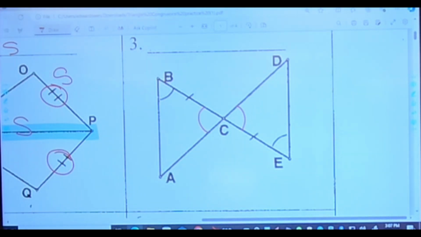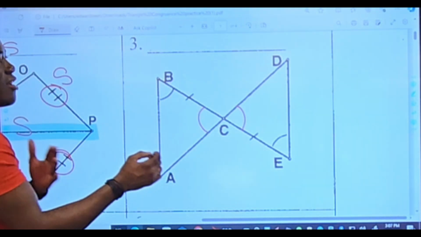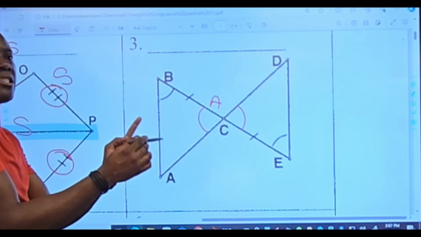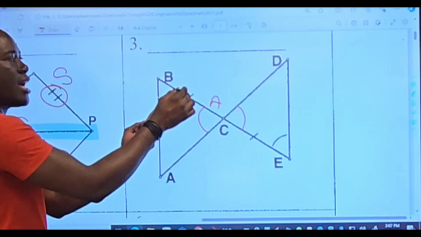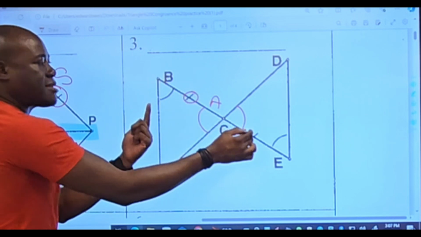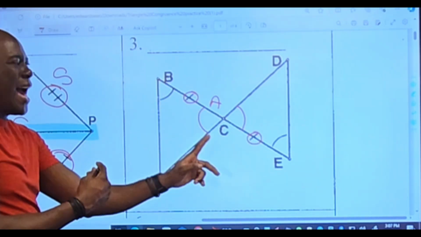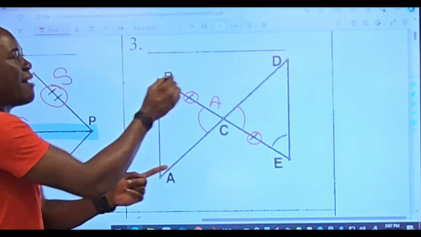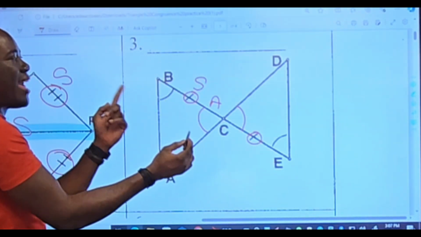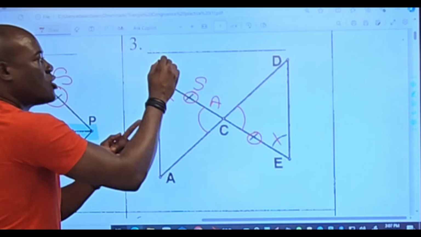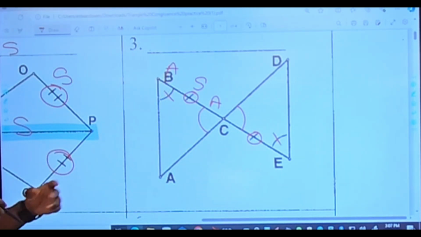So they're congruent. So we're seeing an angle here, right? We have a pair of angles already. And then if you take a look at the markings, this side is congruent to that side. So CB is the same as CE. So we have a side. And then the angle here is congruent to this angle here as well. So another angle.